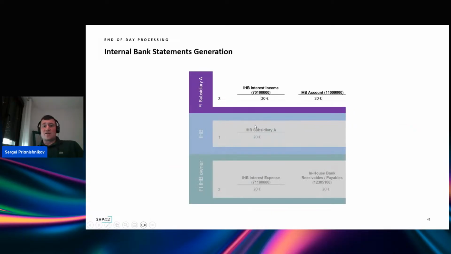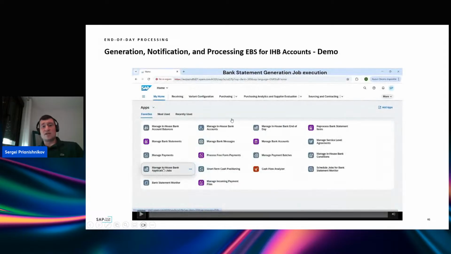When processing bank statements on the subsidiary side, the system generates a posting on the in-house bank GL account. We already saw it for the previous three scenarios, but in my current test case, this is a posting to the in-house bank interest income GL account.